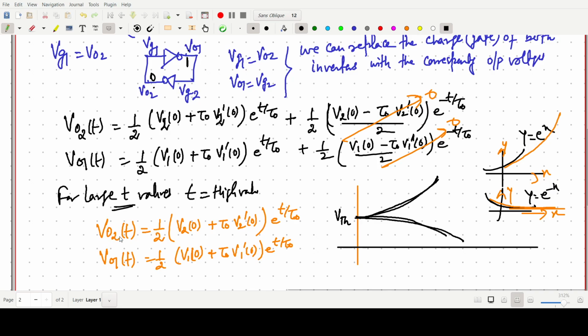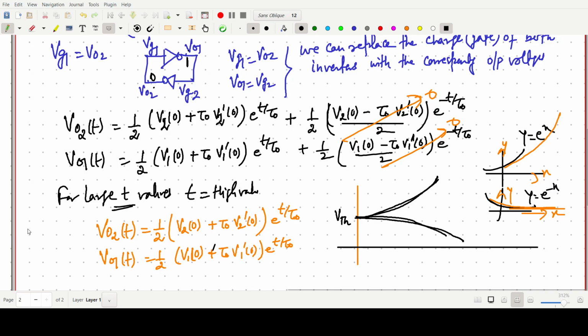It is to be clearly observed from this expression that the magnitude of both output voltages, V naught 1 and V naught 2, increases exponentially with time, depending on the polarity of the initial small perturbation.